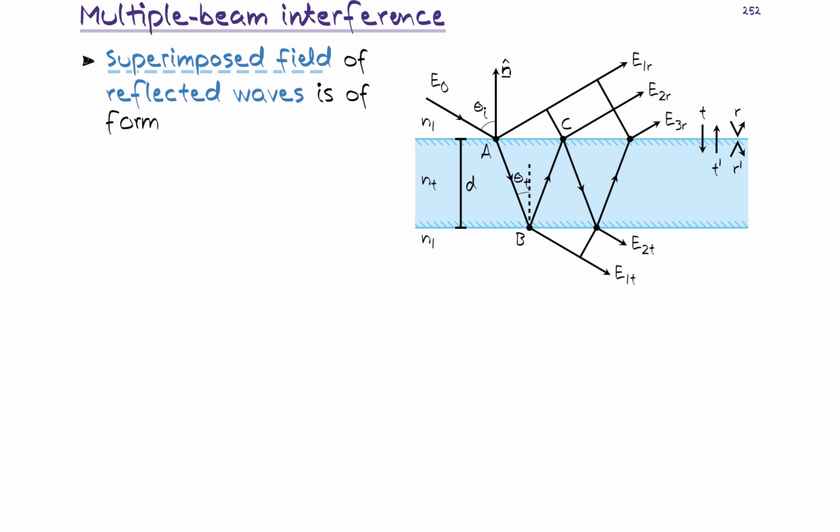So, as before, we are interested in calculating the superimposed field, and especially we start with calculating the superimposed field into the reflected direction. And mathematically, we can easily calculate that. Looking at the figure, we just need to sum over different rays of light that are coming and being reflected at the interface. So essentially, we need to calculate all these different rays that have been reflected by the interface.